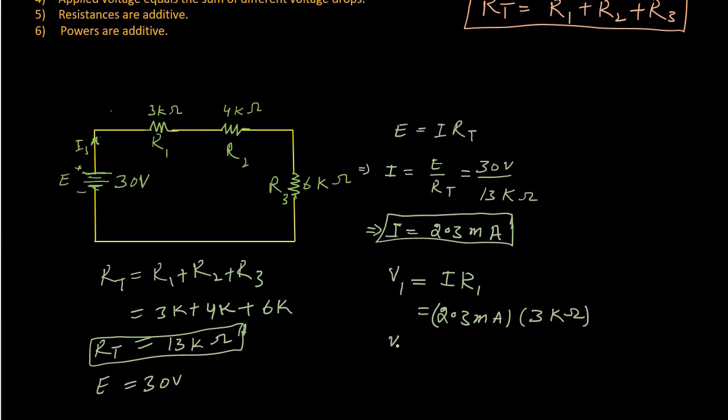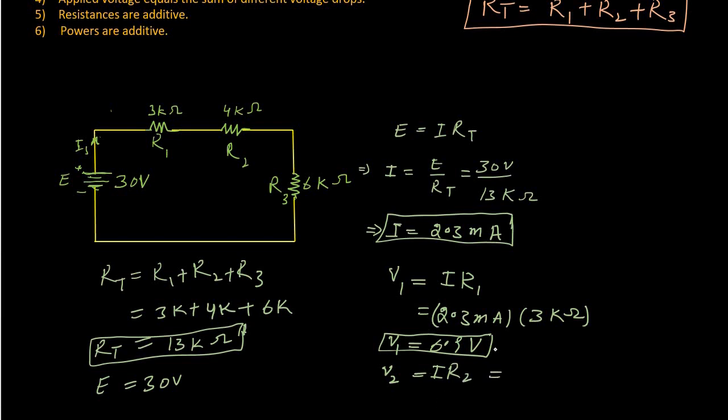So the resulting voltage drop V1 is 6.9 volts. Now the voltage drop across the second resistor, let's say V2, is equal to I, the same current, into R2.